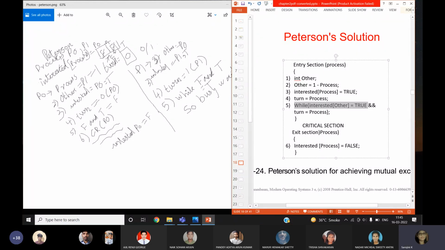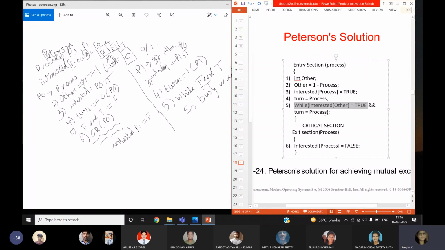But here it is saying interested of other equal to true, so this condition fails, this condition is false. There is another condition connected with AND: turn equal to process. That means turn equal to 0. That's correct, so this is true.